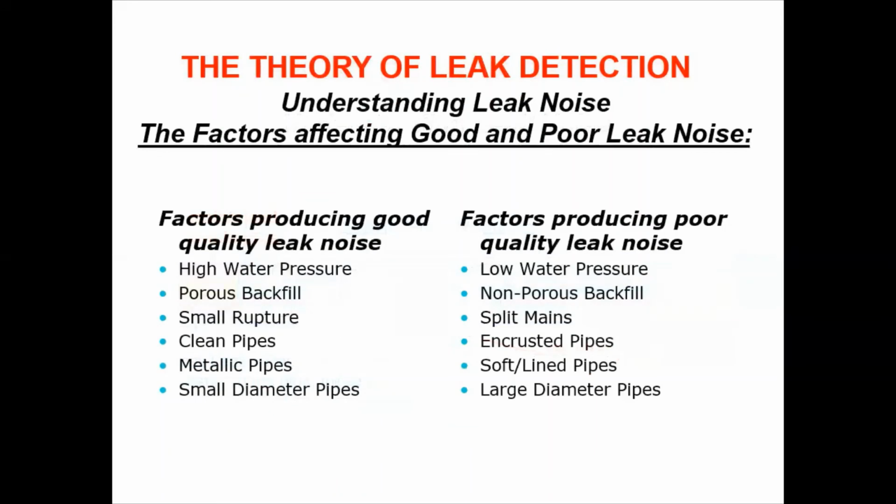And again, that's why proactive leak detection is very important, because you're hopefully finding these leaks when they're newer, when they're smaller, which are easier to find. So the factors affecting good and poor leak noise, again, factors producing good quality leak noise: high water pressure, porous backfill, small ruptures, clean pipes, metallic pipes, and small diameter pipes.